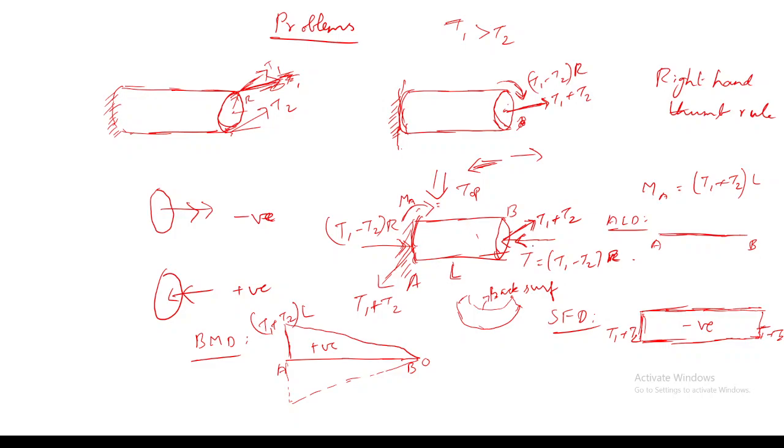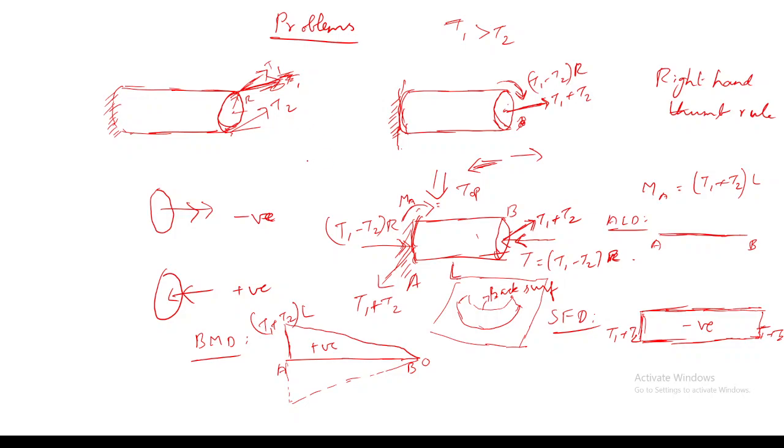Due to this loading, this whole beam actually contracts towards the back surface. Can you imagine that? Now when I am looking from the top side, this diagram is drawn in the horizontal plane. So due to this, the back surface will get contracted and the front surface will get elongated.